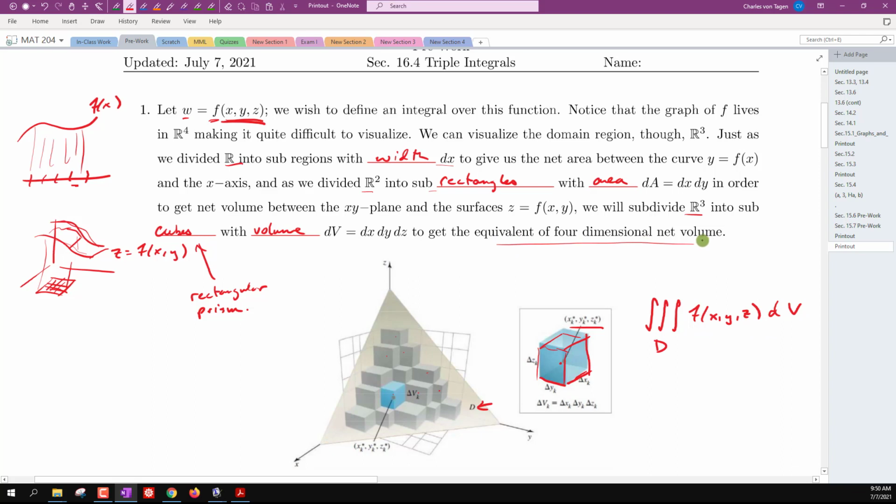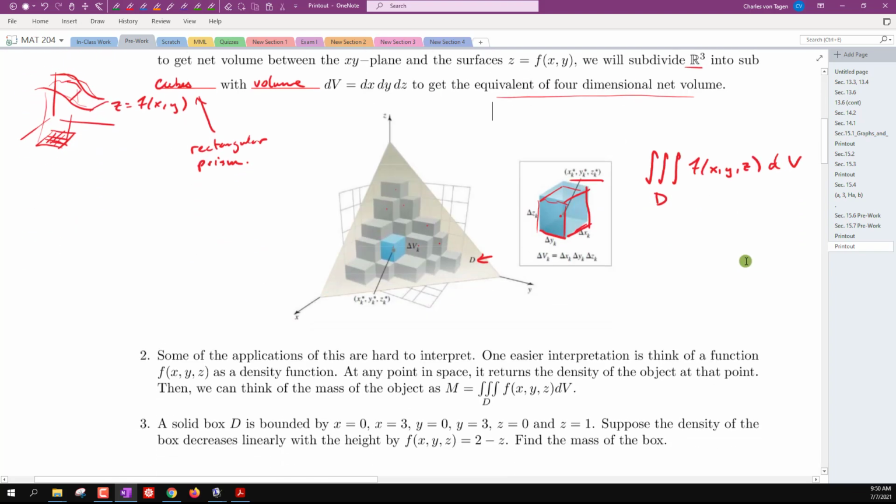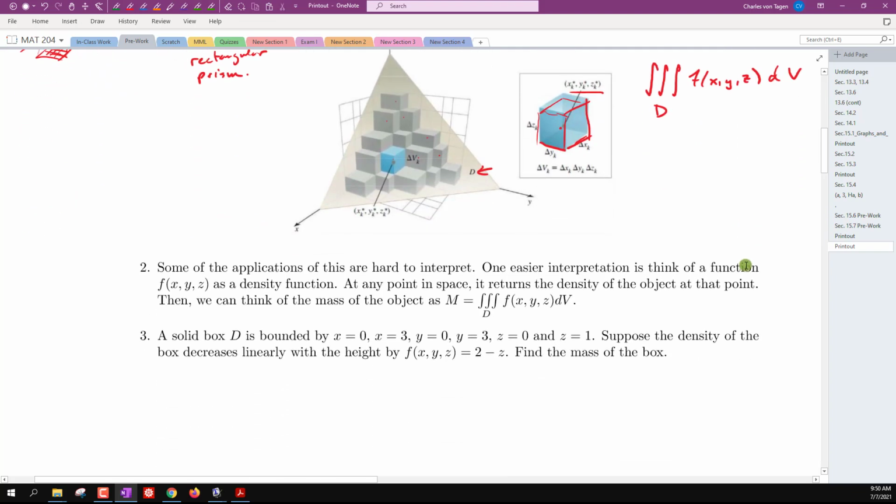That's really hard to interpret, so here's something we can do. I find it hard to think about this sort of four-dimensional equivalent of volume, so instead one way to interpret this is to think of this function f of x, y, z, this function of three variables, as being a density function. So at any point in space it tells you how dense the object is.